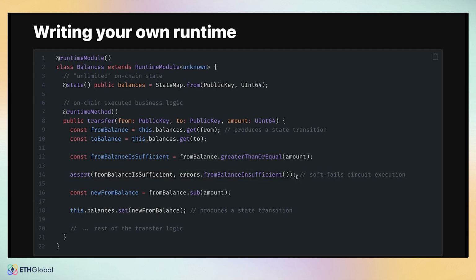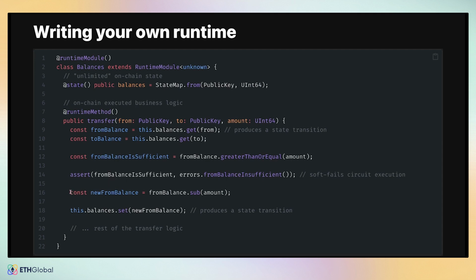This creates a flag behind the scenes that tells the protocol that the method was not executed correctly and the state transitions for it should be discarded. But the transaction will still be included in the block, but the status will be that it failed. This is something that, for example, Starknet only had recently, or Starkware, I don't know. They were not able to even process failed transactions before.